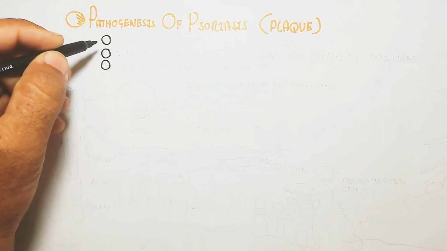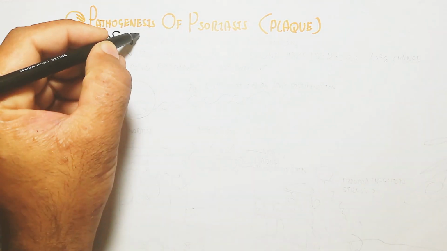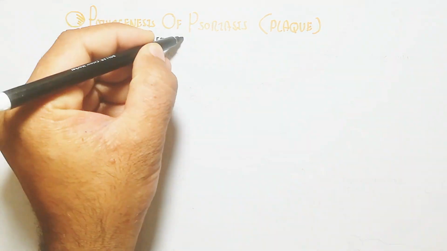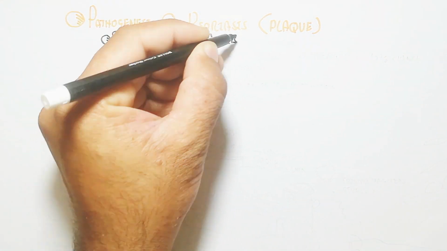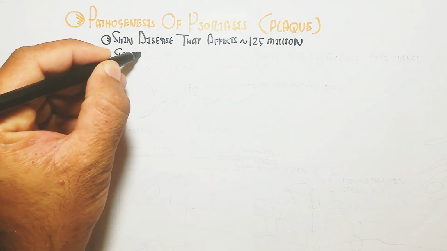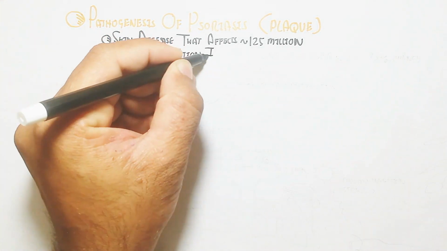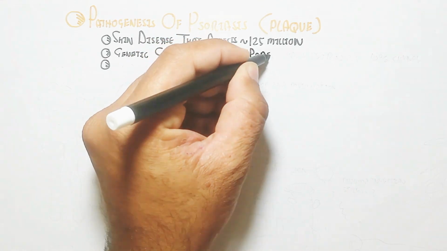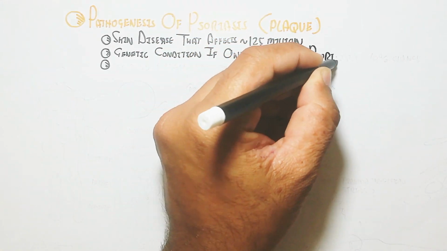It is a skin disease that affects 125 million people worldwide. The genetic condition is that if one parent has psoriasis, there is a 10% chance that psoriasis will occur in the individual.